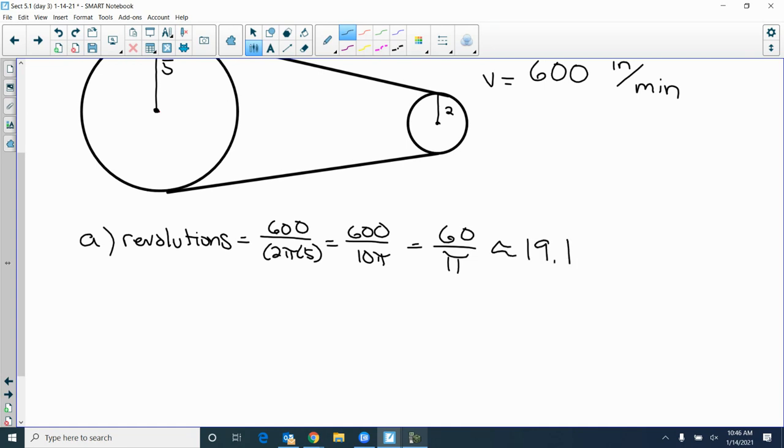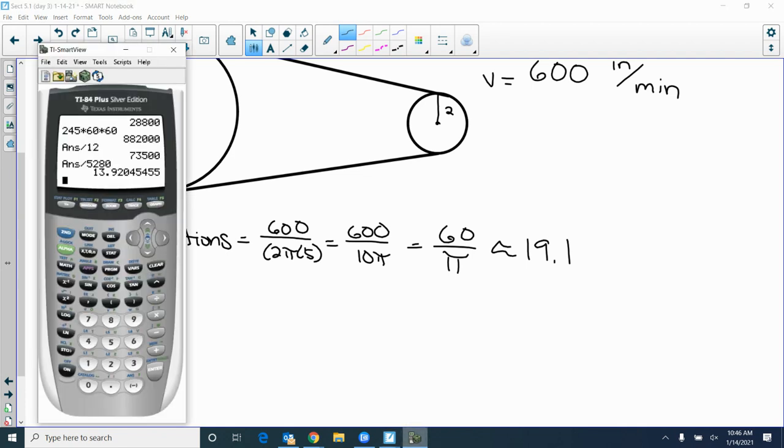Well, if we want to find omega, the angular speed is just how many radians it travels. Every time it makes a revolution, it travels how many radians? 2 pi, right? So we take the number of revolutions, which is 60 divided by pi, and we multiply that times 2 pi.